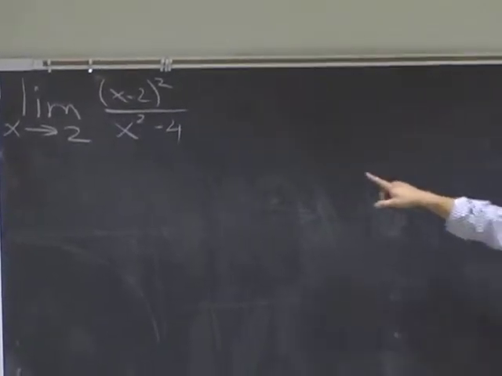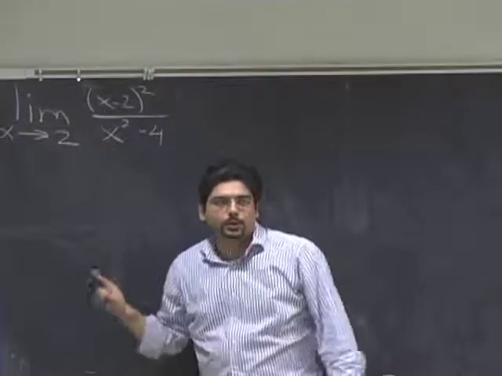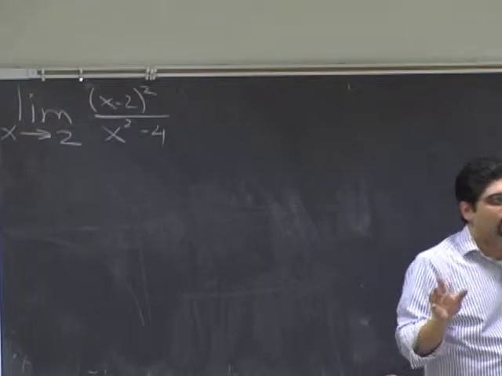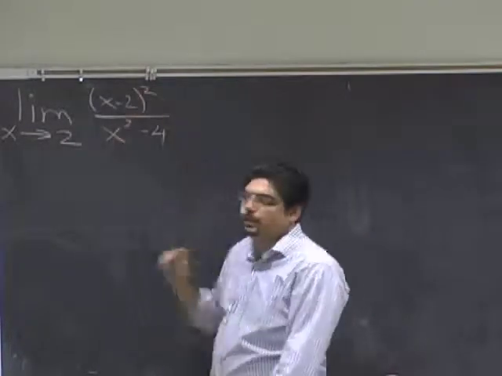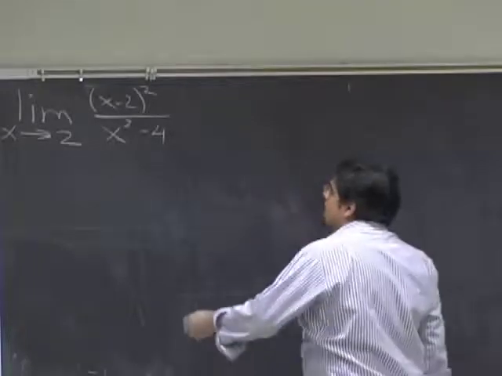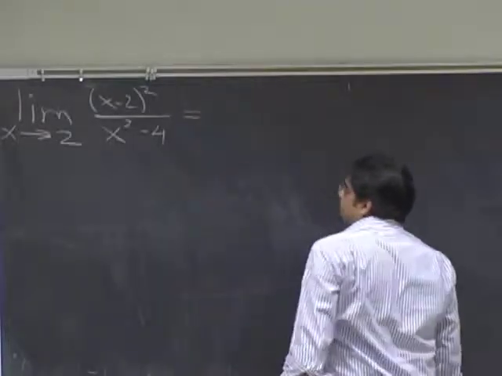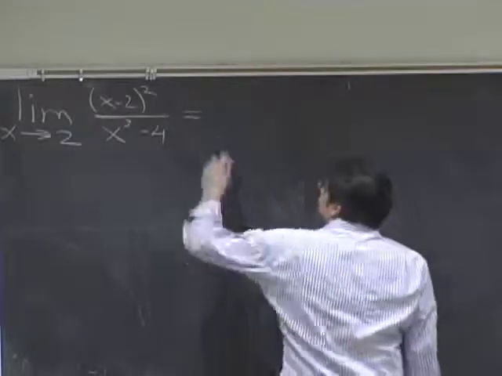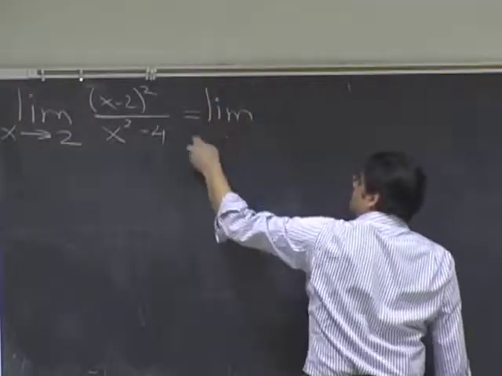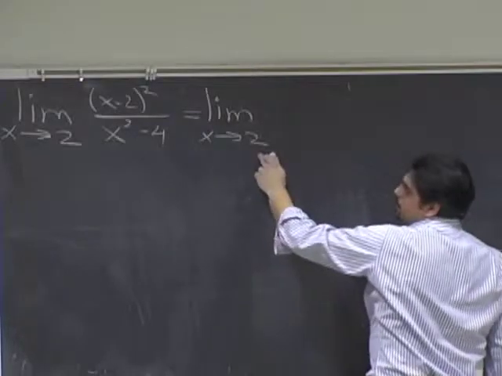Now what value of x makes the denominator 0? 2 and negative 2, right? And we're running to 2. So will this limit be infinite? Okay, well let's see. We can write x is not equal to 2, right?